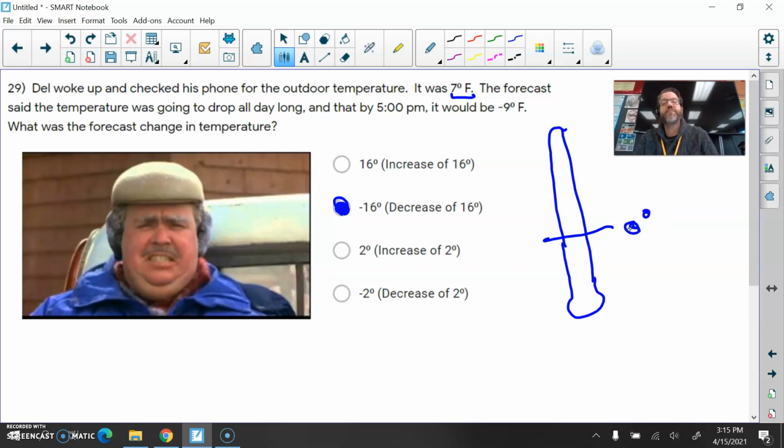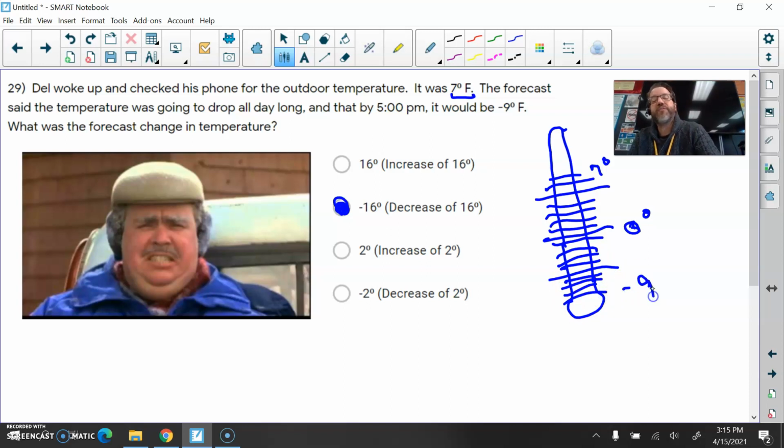If you're starting at 7 degrees, that'd be 1, 2, 3, 4, 5, 6, 7. Here's 7 degrees above 0. If by 5 p.m. it's going to be at negative 9 degrees, you have negative 1, 2, 3, 4, 5, 6, 7, 8, 9, negative 9 degrees down here.